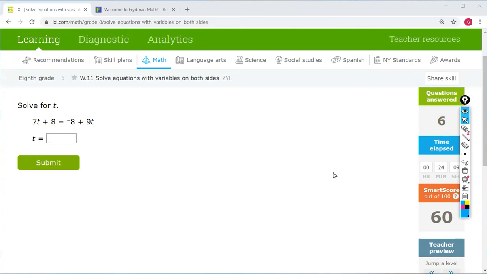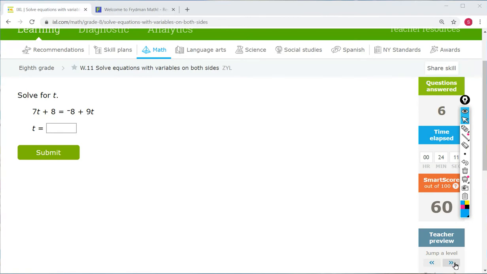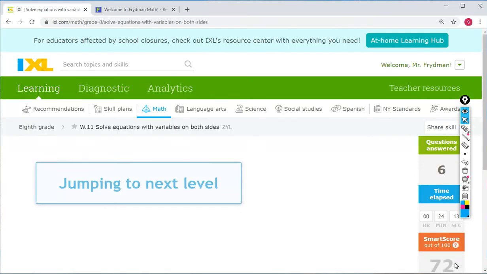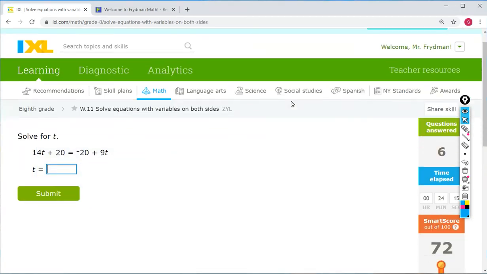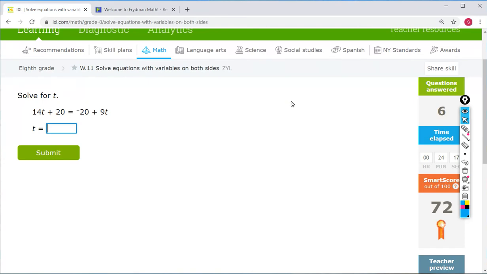Okay. Let's go ahead and jump to the next level. This is also pretty much the same as what we had before. Is there something different about this one? Oh, no, not really.